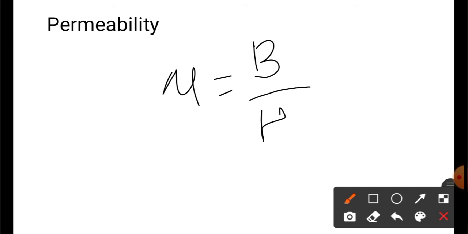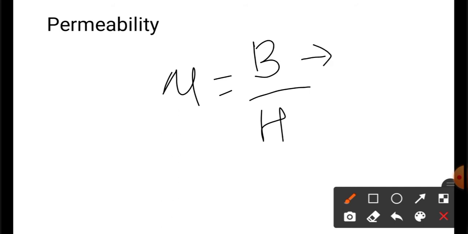Let us see the permeability. It is the property of a material which indicates how easily magnetic flux builds up in the material. It is called permeability. It is denoted by the letter mu and it is the ratio of magnetic flux density, that is B, divided by magnetic force.